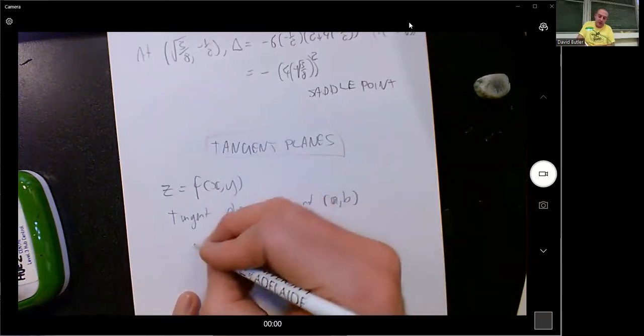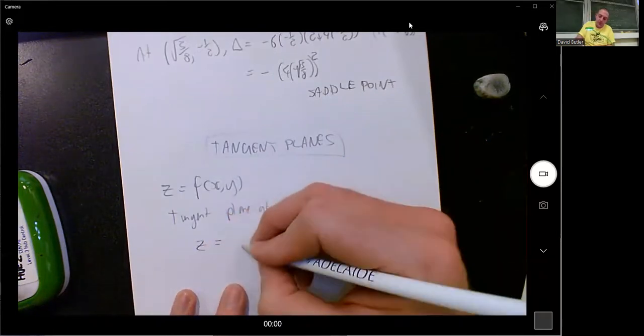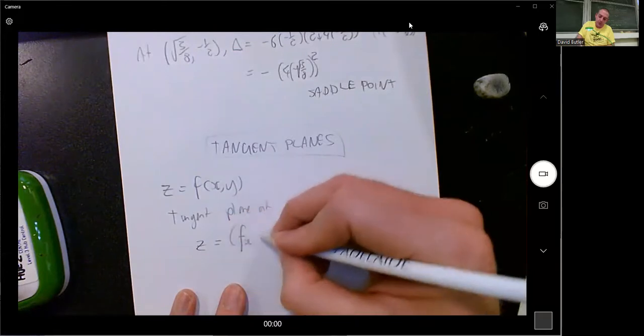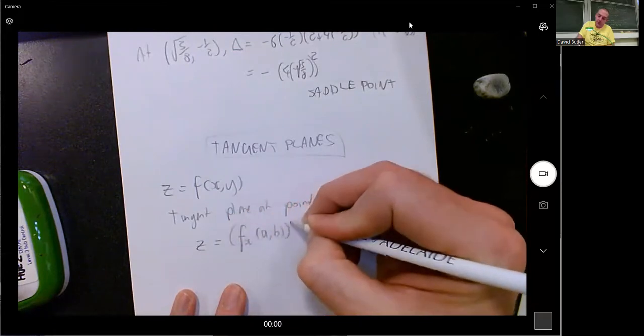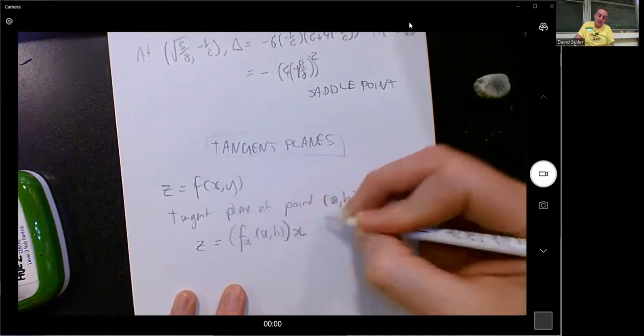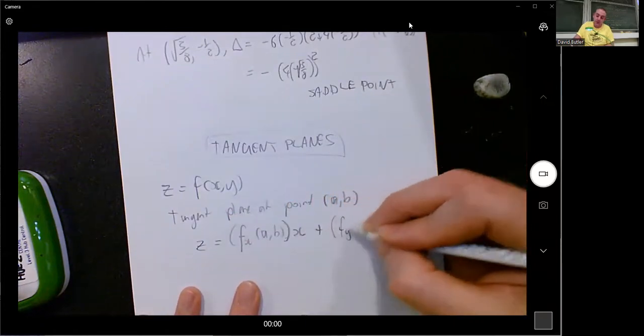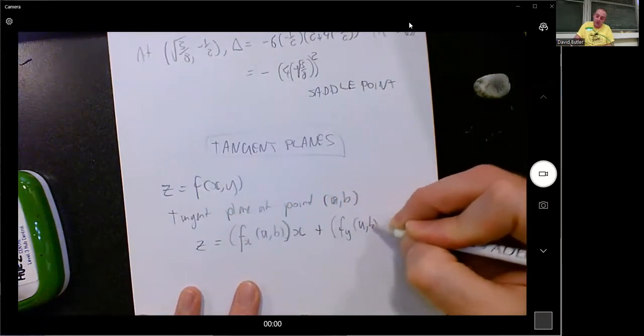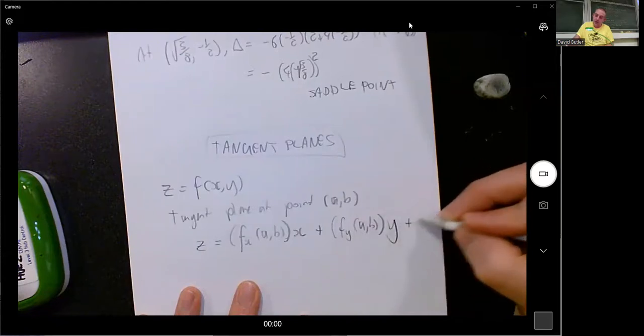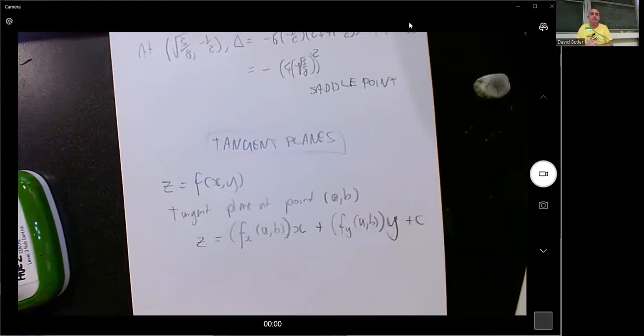And so you could say that it's equal to z equals the slope in the x direction times x plus the slope in the y direction times y plus a constant. So that's one way of making a tangent plane.